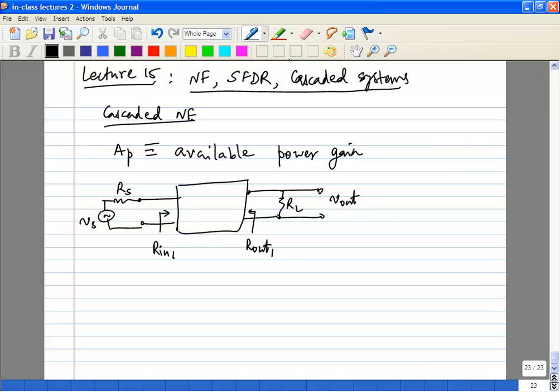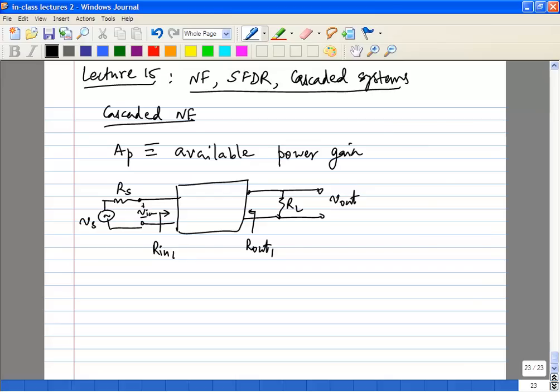The input resistance is Rn1, the output resistance is Rout1, and the input voltage is Vn. We'll also assume that the system is power matched: Rs is equal to Rn1 and RL equals Rout1.